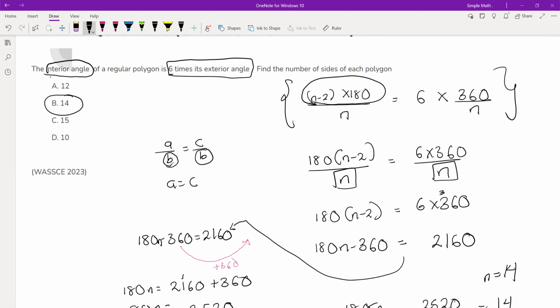But since they said interior angle, look at that English, they did not say the sum of interior angles. They said the interior angle of a regular polygon. So it means that after you find the sum, you divide by the number of sides to get each angle. So that angle now is 6 times the exterior angle. And the formula for exterior angle is 360 over n. Okay, and then that's all.